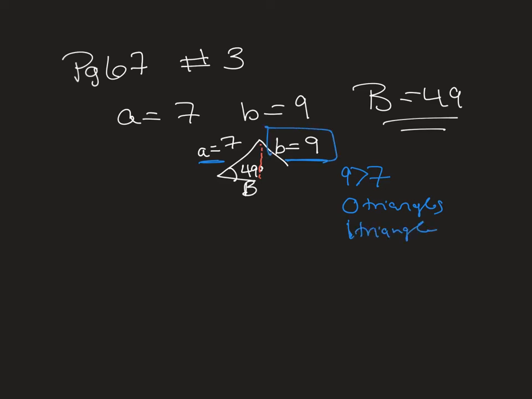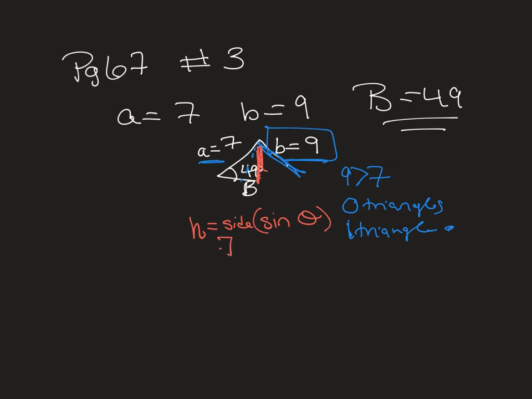Because this one's bigger, I can't swing down this way. It's got to be shorter. So I could have 1 triangle by swinging it out this way, but I have to find this height to see if I'm even long enough to go that way. So let's do that. To find my red height, it's always going to be side, sine, angle.